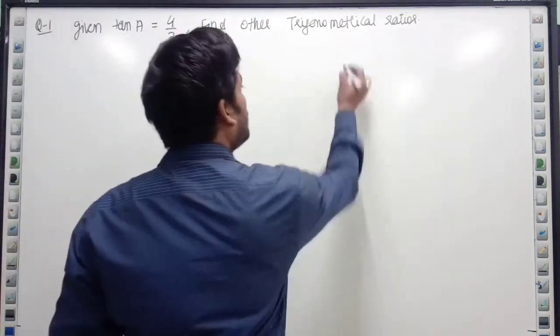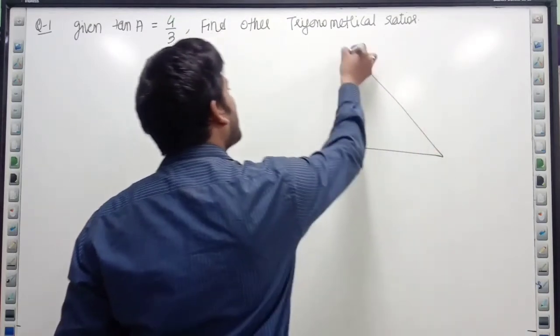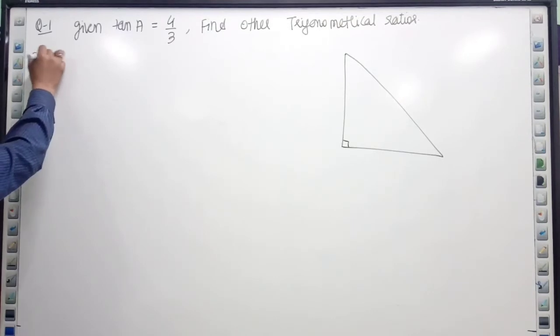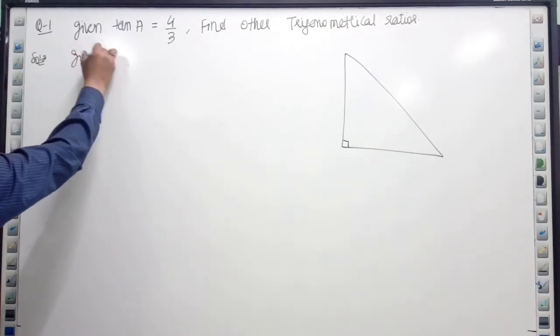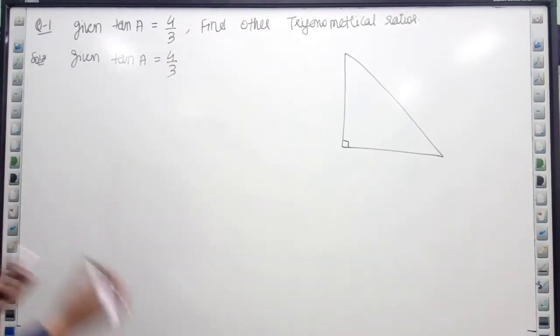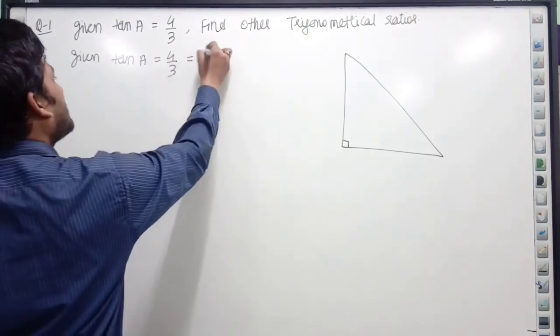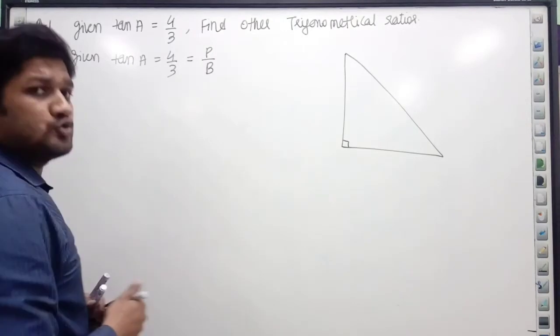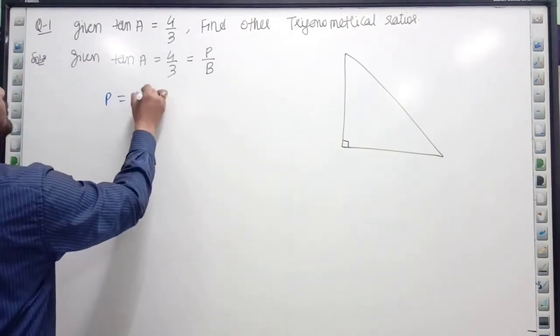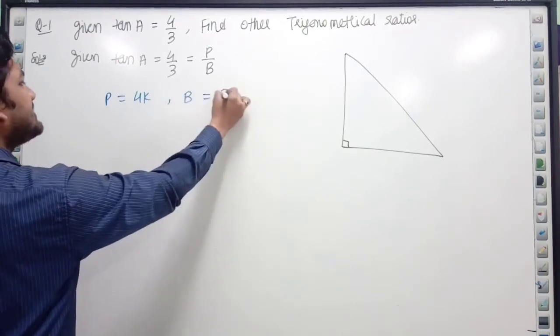So what we are going to do first in every question is draw a right angle triangle. Now as it is given that tan A is 4 by 3, what is tan A? Perpendicular upon base. So we can say that the perpendicular is 4k and base is 3k.